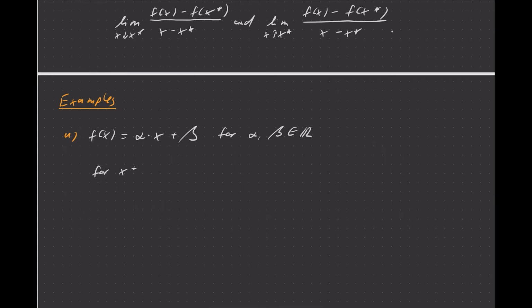Now for x star in R, to take that limit, it's sometimes convenient to write x in the form x star plus h for some small value of h. So the idea is then to have that limit as x tends to x star of the difference quotient.